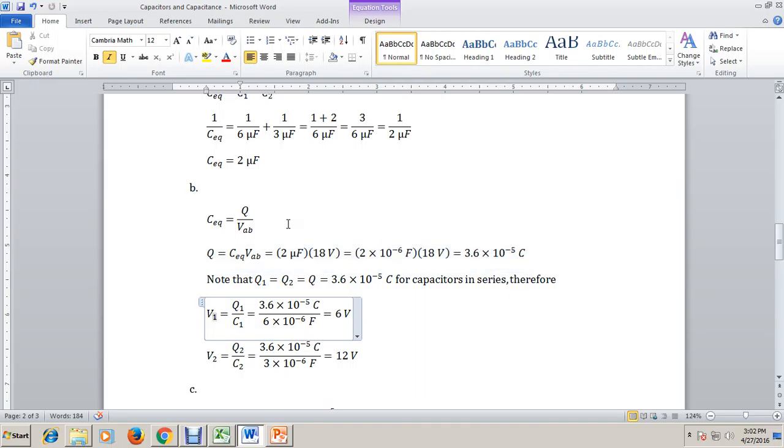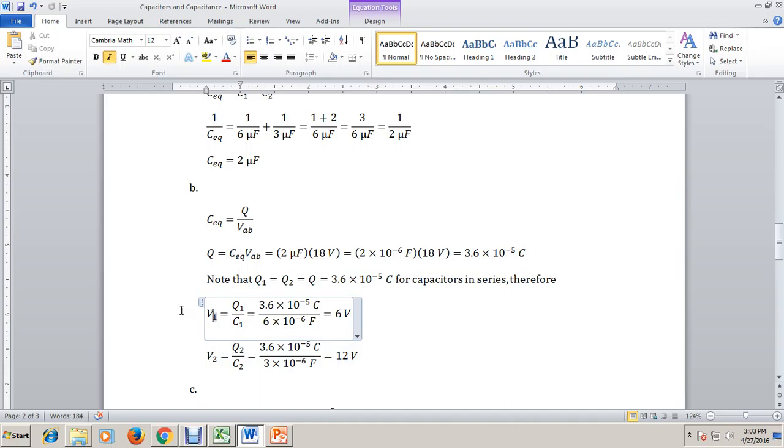Now, why do we need to take note of the value of the total amount of charge stored in the combination of the capacitors? Note that Q1, or the charge stored in capacitor 1, is equal to Q sub 2, which is the charge stored in capacitor 2, is equal to Q, for any capacitors connected in series.